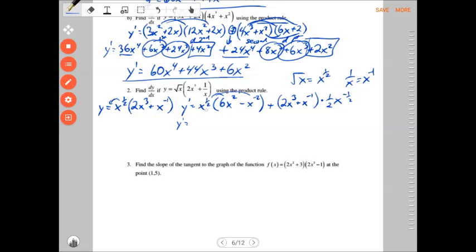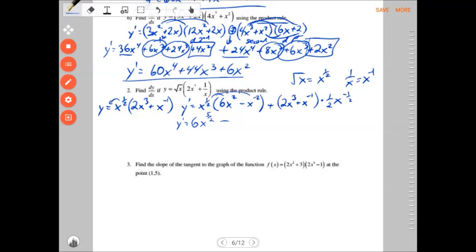Remember when we multiply same base powers, we add exponents. So the 6 is going to be by itself, and then 1/2 plus 2 is 2.5, or 5/2. So this is going to be 6x to the 5/2 minus, okay, so there's no coefficient, so it's just going to be minus 1.